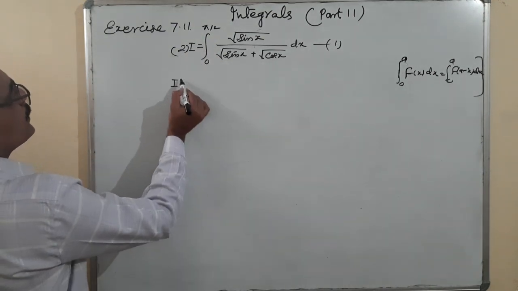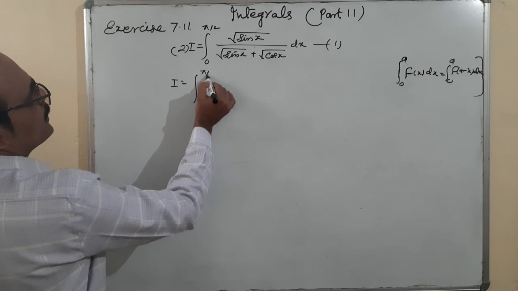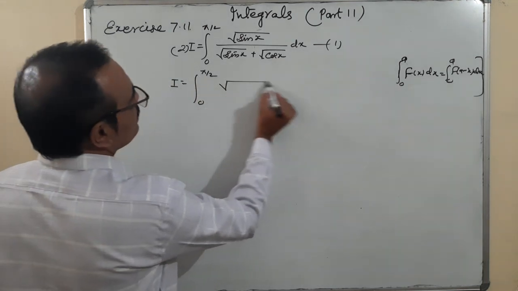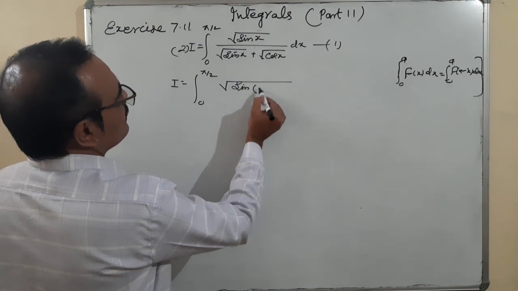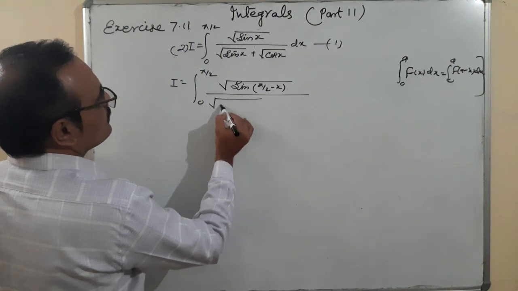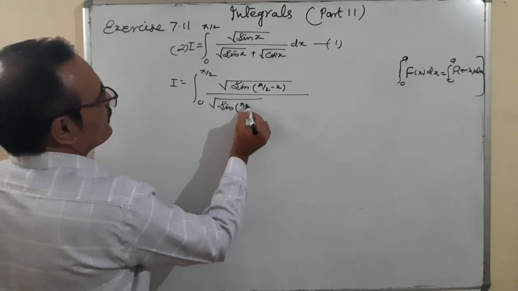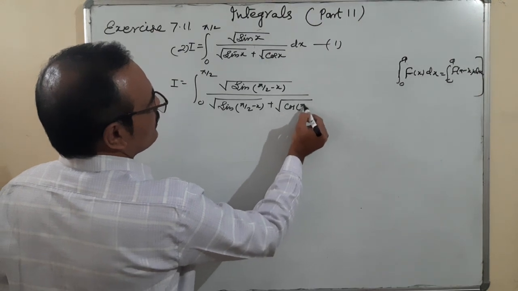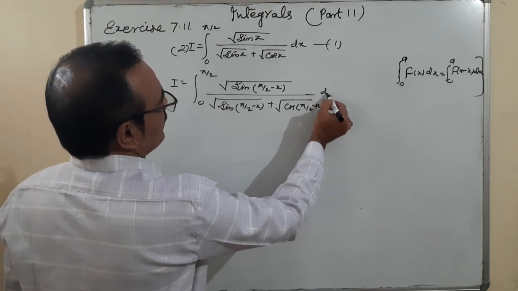Okay, I is equal to 0 to pi by 2, using the same property, under root sin of pi by 2 minus x upon under root sin of pi by 2 minus x plus under root cos of pi by 2 minus x dx.